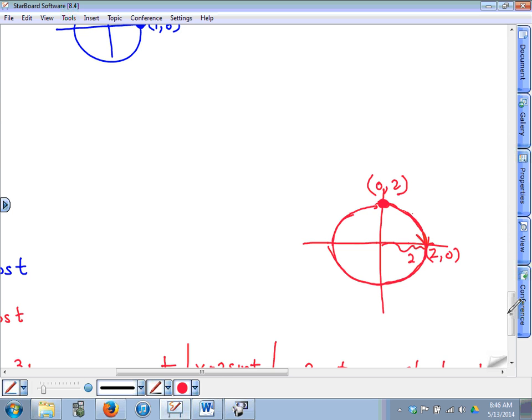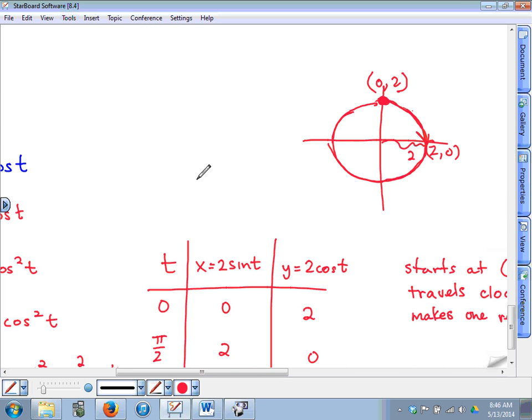Yep. So if the parametric equations were like this, I don't want you to change anything on your notes because you might get confused, but what if the parametric equations were x equals sine of 2 theta? What effect does that have? Think graphing-wise, you guys. What does that do to the graph? It changes the period, but how? Does it expand it or shrink it?